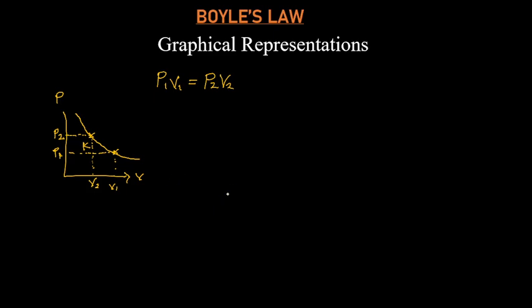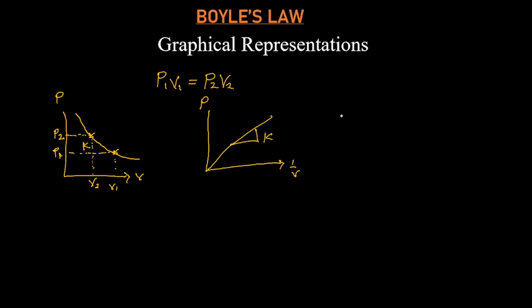What if we plot other things like P against the inverse of volume? If you have pressure against the inverse of volume, 1 over V, you end up having a straight line where this will give us the constant.